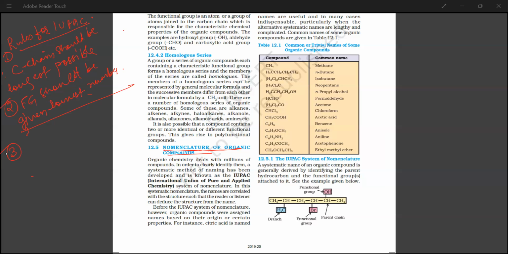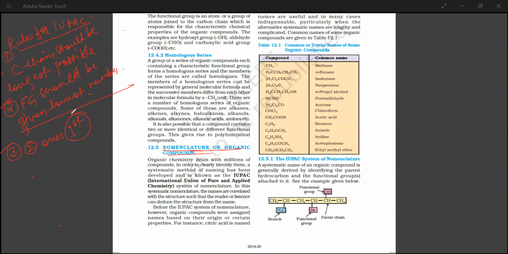So you'll prefer the second point over the first. Whether you get the longest possible carbon chain or not, you should give the functional group the lowest possible number. That's far more important than the longest possible carbon chain. So we should remember this.